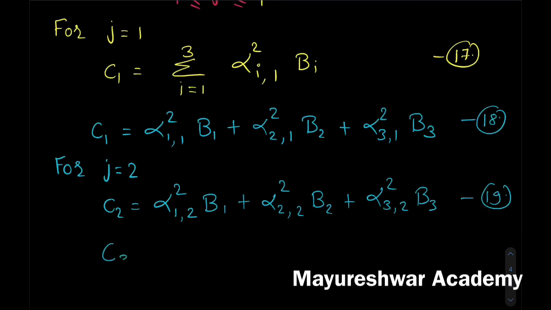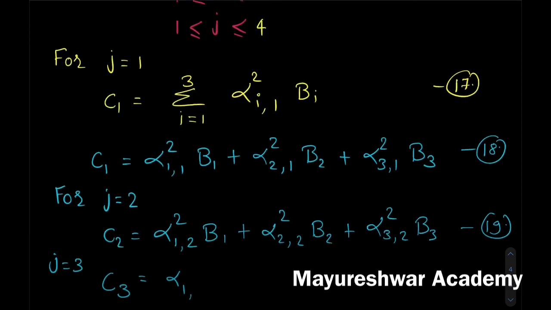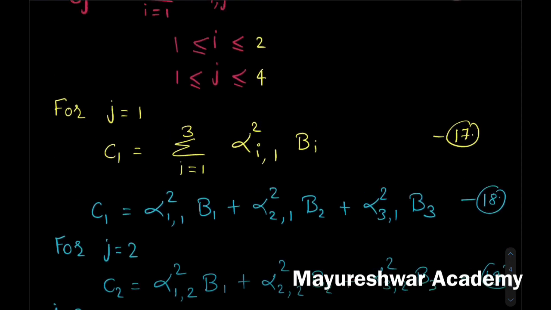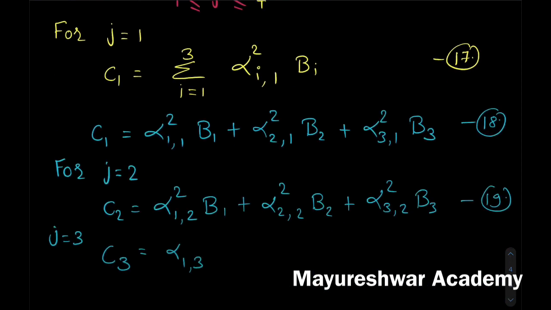Similarly for j is equal to 3, c3 will be alpha 1 comma 3, second order, b1 plus alpha 2 comma 3 b2 plus alpha 3 comma 3 b3.